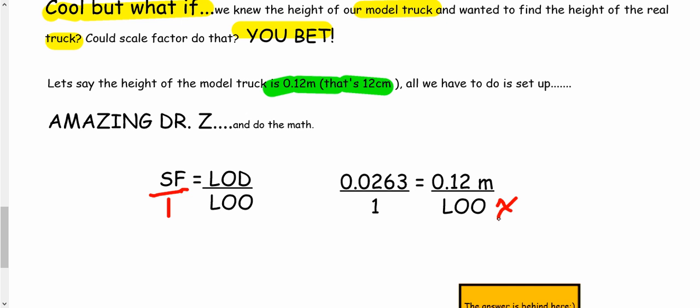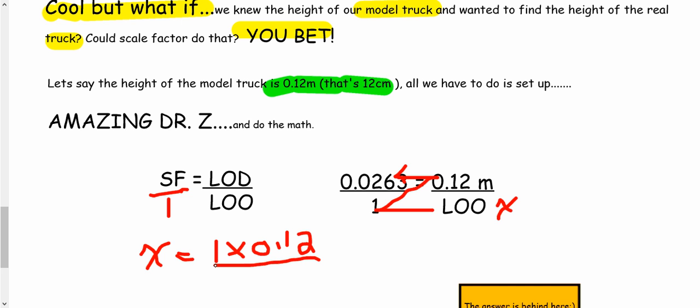We want to find out the length on our original. We'll call that X. And from the X, we draw a Z. Zip, zip, zip. And remember, Amazing Dr. Z is always equal to the one across if you multiply the corners and divide by the last term.